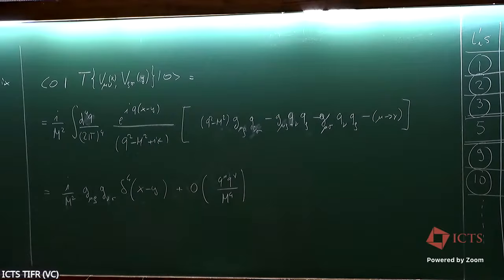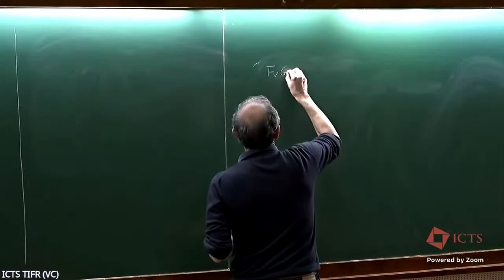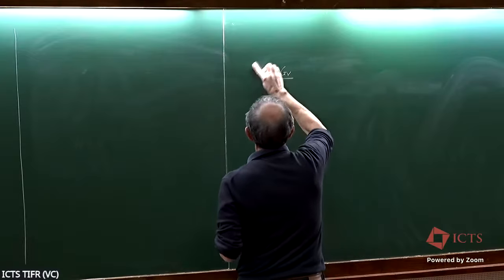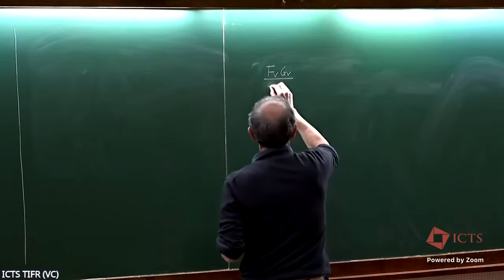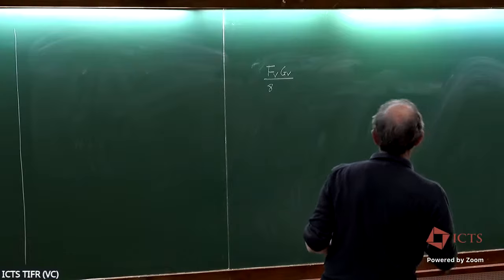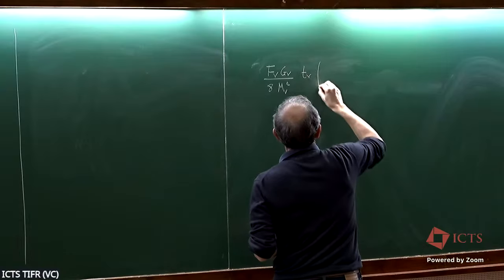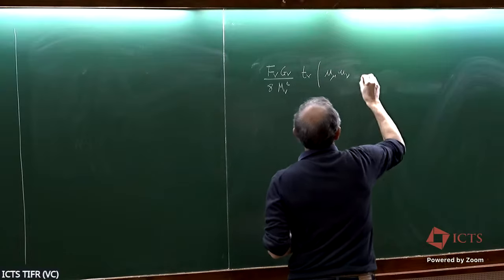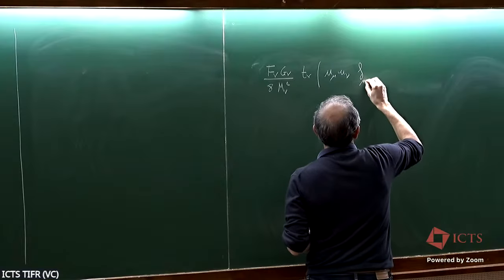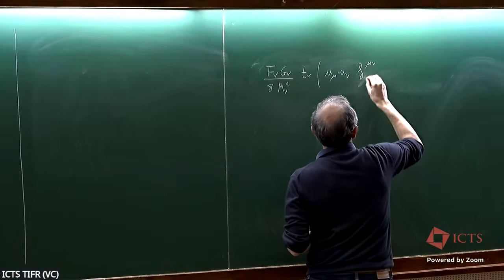So you see, for instance, if I contract these two terms, the contraction between this and that will give me a contact term. So from these two terms, I will get F_V G_V divided by 8, and then from the propagator I will get some M_V squared, and then the trace of u nu F, I call it F mu nu plus.